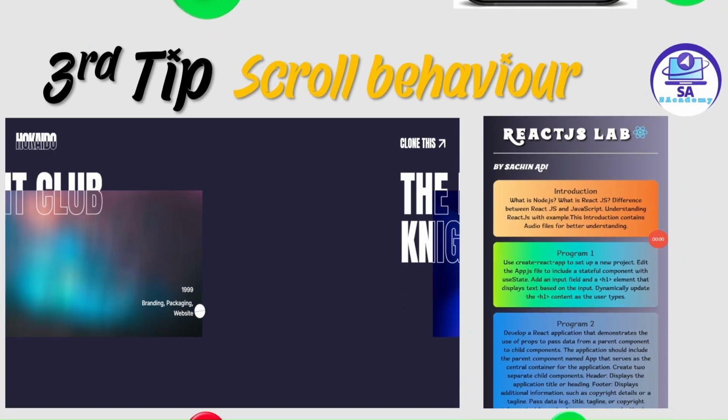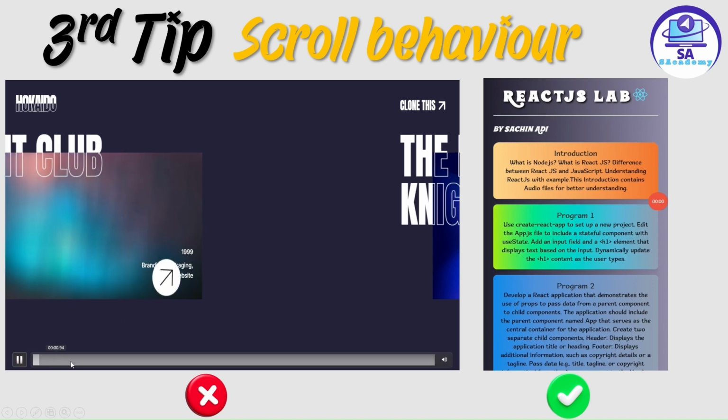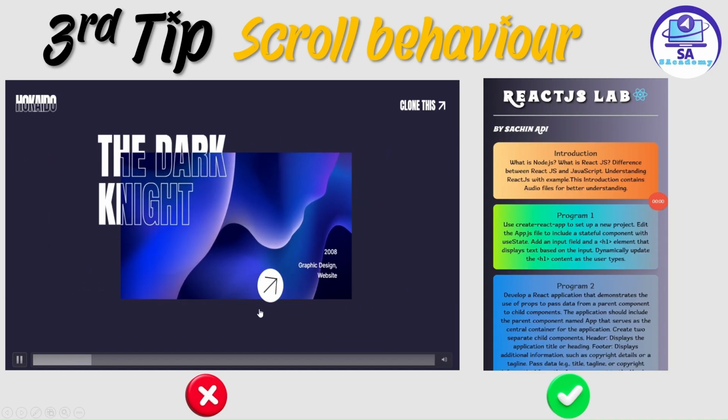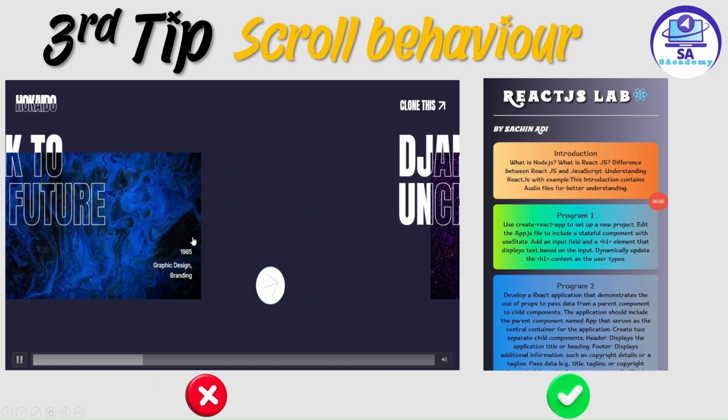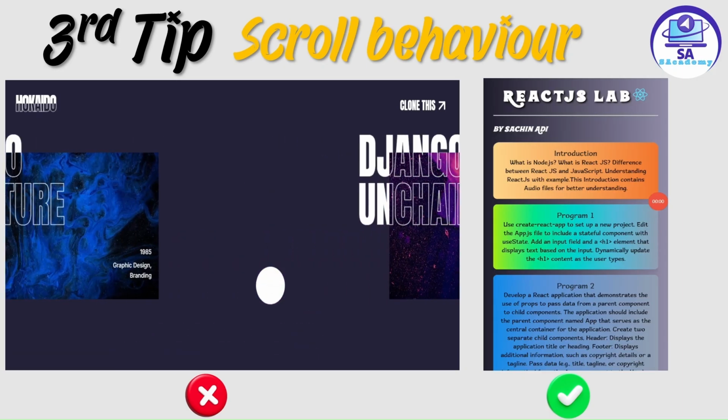So the third tip will be the scroll behavior. In websites opened on desktop screens, usually we see both horizontal navigation and also vertical navigation. Here we can see the horizontal navigation in sites opened in the browser on desktops.